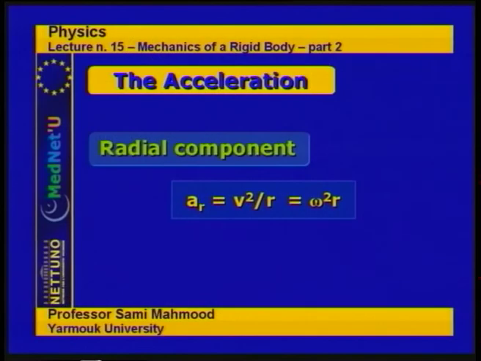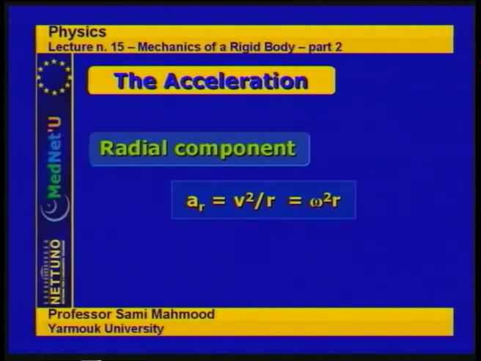The other acceleration component that always exists in circular motion is the well-known centripetal component of the acceleration, which, as we have discussed before, is given by a sub r, to indicate that it's radially directed, but radially inward towards the center, and is equal to v square over r.